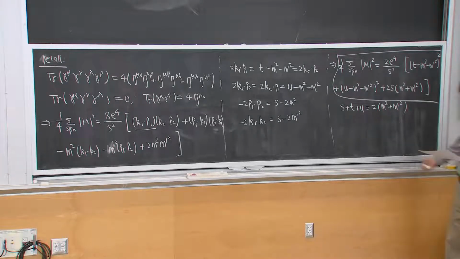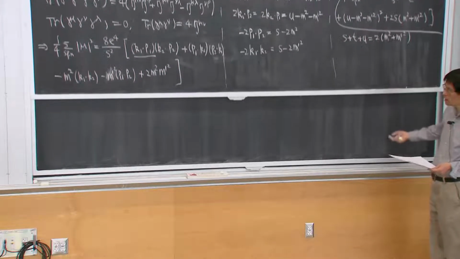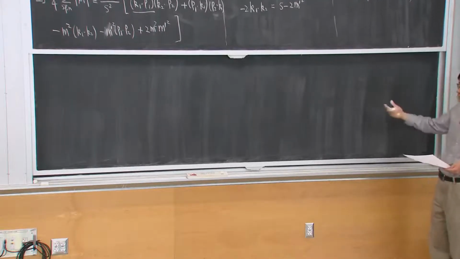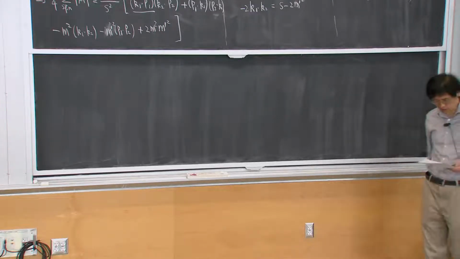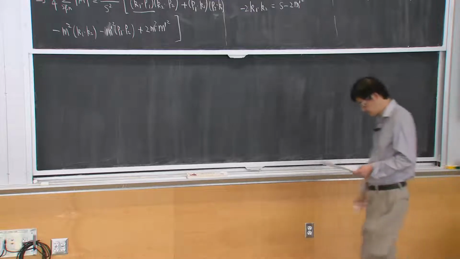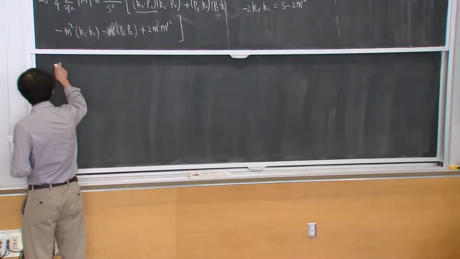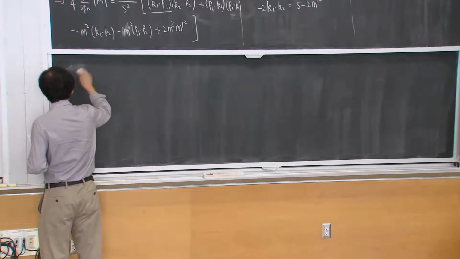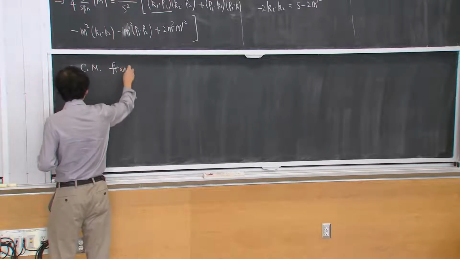Good. So now let's calculate the cross section. Our goal will be to calculate the total cross section. For this purpose, let's consider the center of mass frame, which is the simplest.